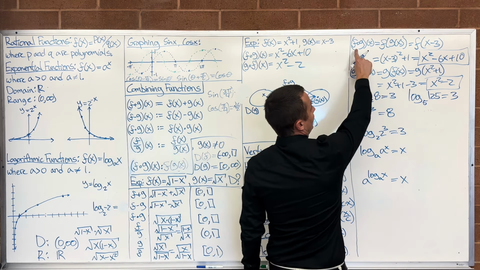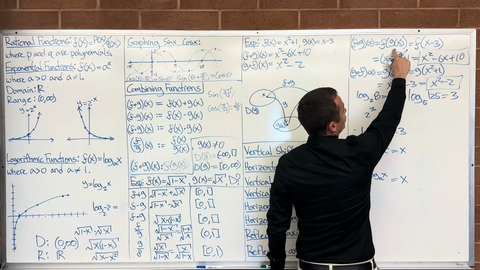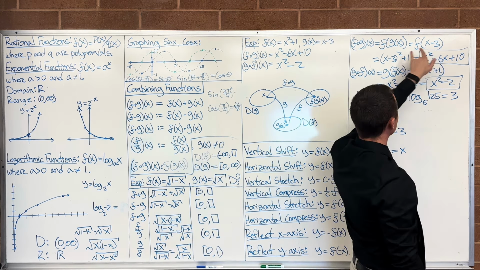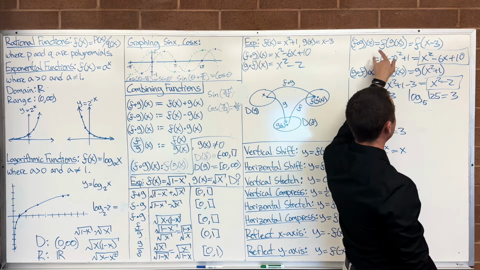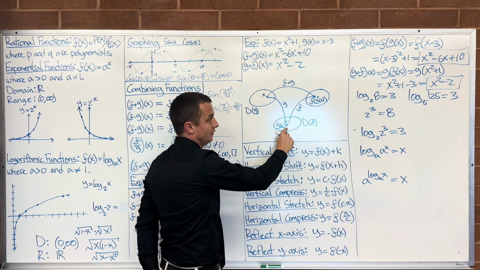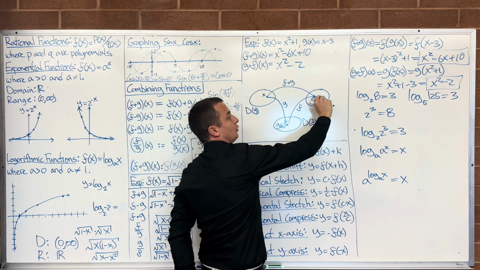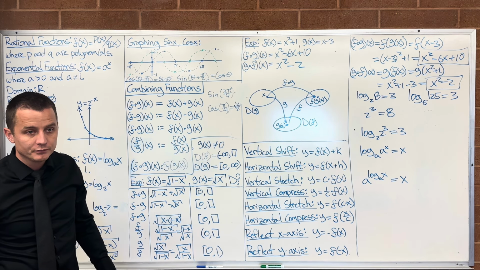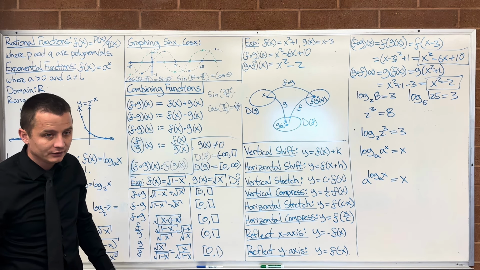Why is that? When we do f composed with g of x, that's f of g of x. So first we plug in for g of x, then we plug into f. That is running x through our function g first to get g of x, and then running g of x through our function f to get f of g of x. Make sense?